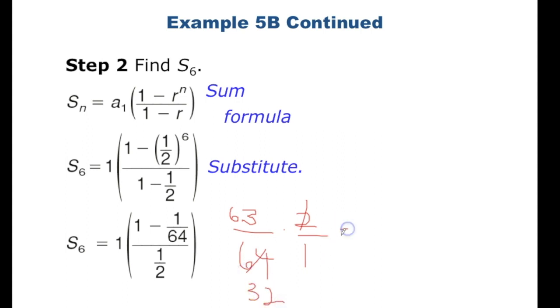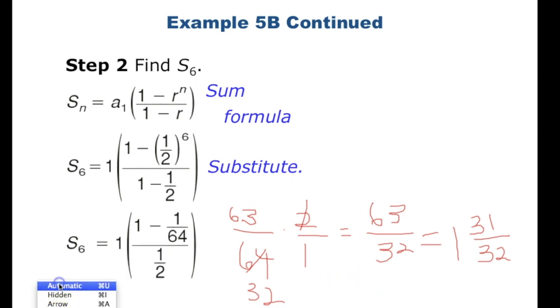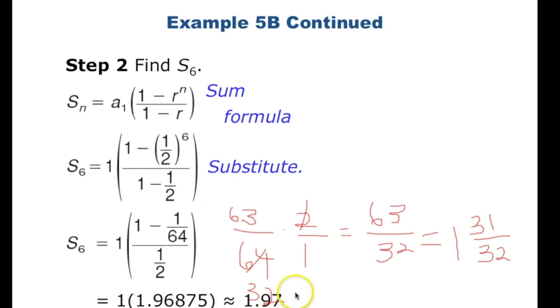So our answer in fractions would be 63 over 32. As a mixed number, that would be 1 and 31 32nds. Now, if we did this as a decimal, our answer would be 1.97.